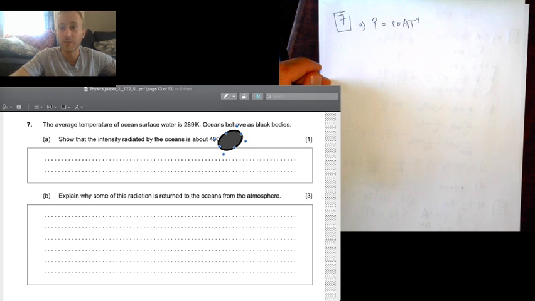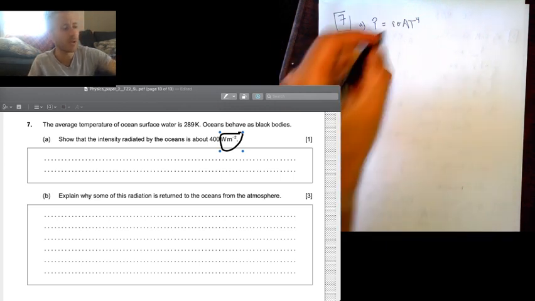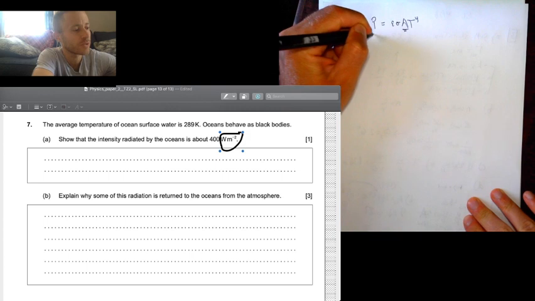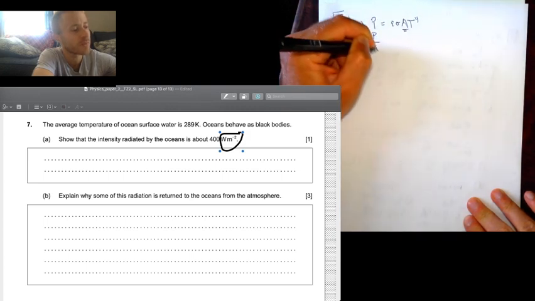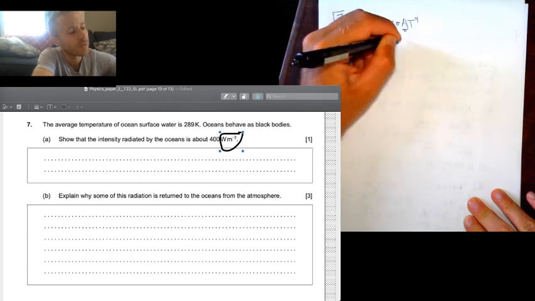Watts is a unit of power. Per meter squared, that's a unit of area. So notice how it didn't give us the area of the ocean, but it's asking us what is the watts per meter squared. So it's actually asking us what is the power per area. So that would be epsilon sigma T to the 4th.